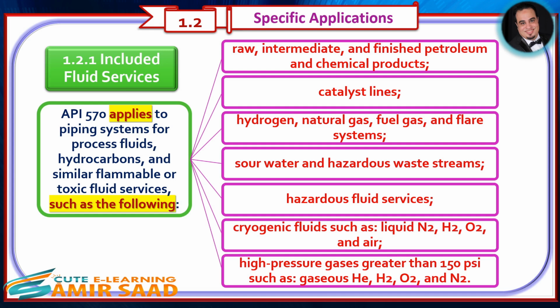Included fluid services. API 570 applies to piping systems for process fluids, hydrocarbons, and similar flammable or toxic fluid services, such as the following: raw, intermediate, and finished petroleum and chemical products, catalyst lines, hydrogen, natural gas, fuel gas, and flare systems, sour water and hazardous waste streams, hazardous fluid services, cryogenic fluids such as liquid N2, H2, O2, and air.